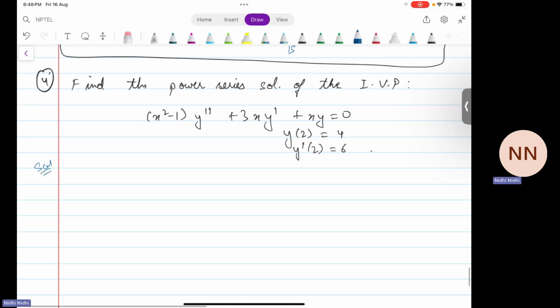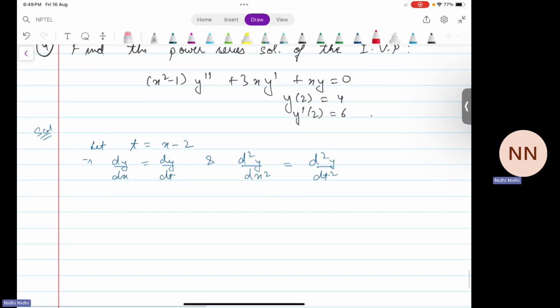Solution. We'll start with let t equals x minus 2. This will not affect our equation. Again, we'll have dy by dx is equal to dy by dt, and d2y by dx^2 is equal to d2y by dt^2.